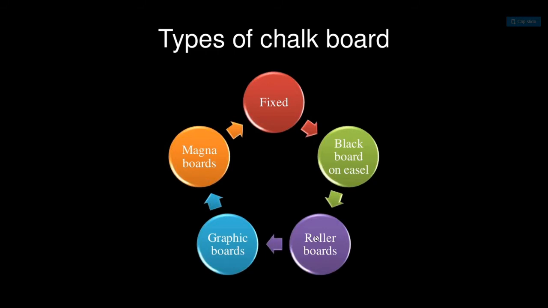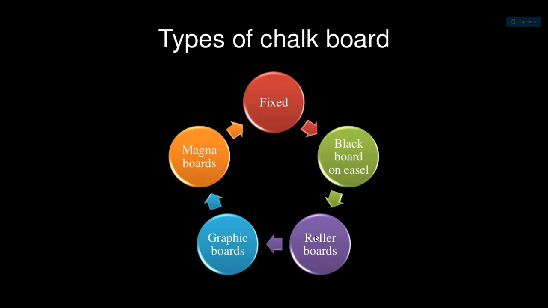Types of chalkboard: fixed, blackboard on easel. Easel, I think you remember on our stage when we celebrate any health day, we can show the theme of that particular day and the sport behind the board, that is easel.